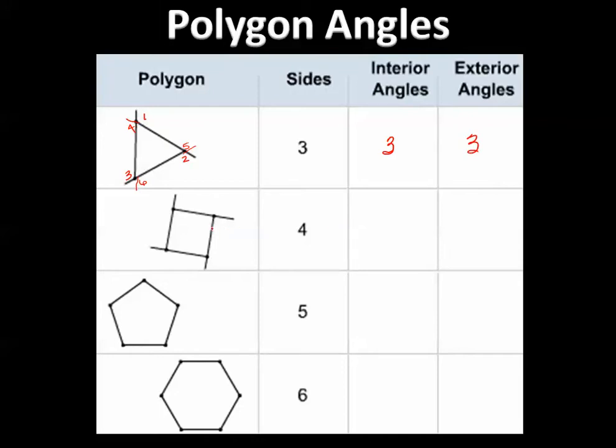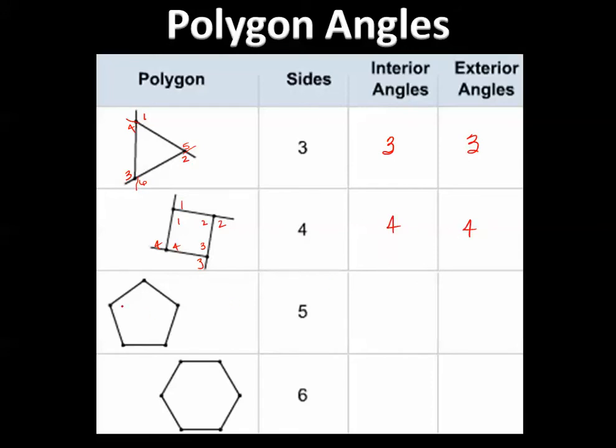Now with the quadrilateral, we look and there's 4 sides. There's 4 exterior angles. There's 1, 2, 3, 4 interior angles.